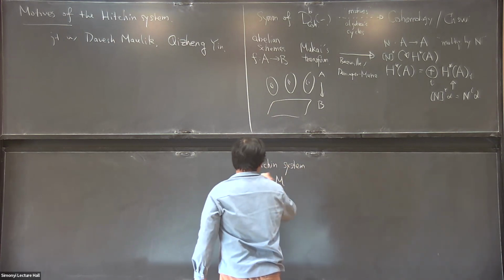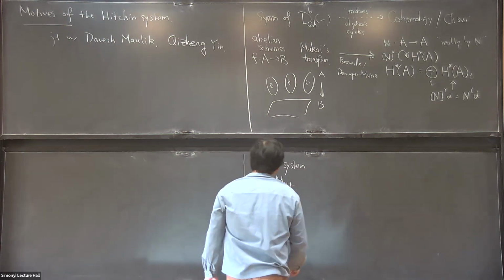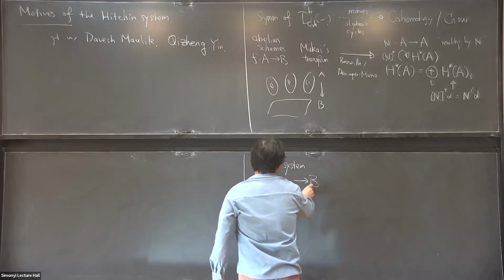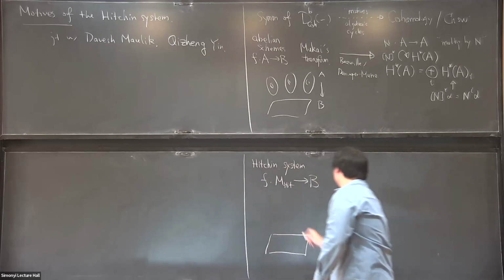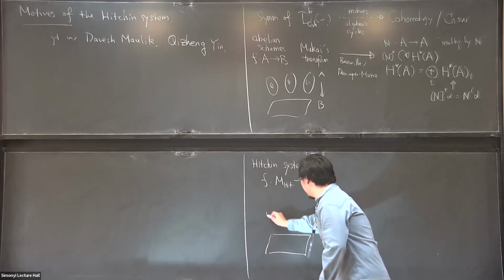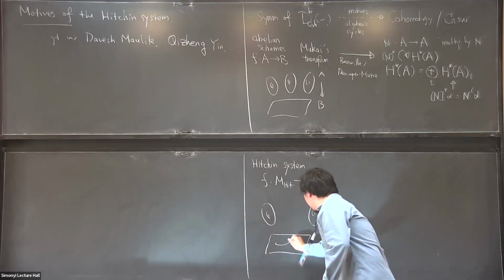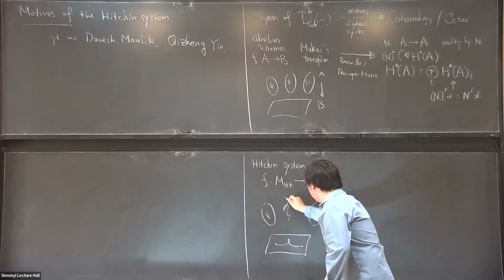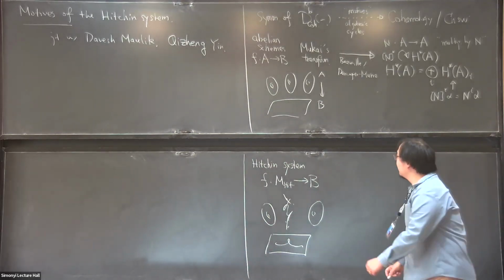I denote it by f, going from the moduli space of Higgs bundles to some base. The cartoon for this Hitchin fibration is that generically you have an abelian variety, but over some locus things can be very complicated in an interesting way.